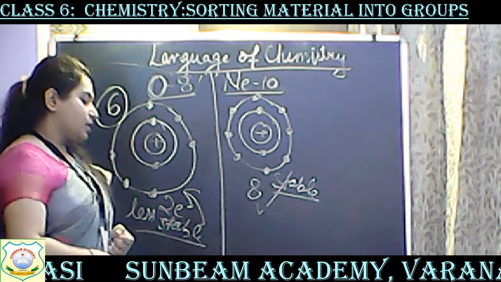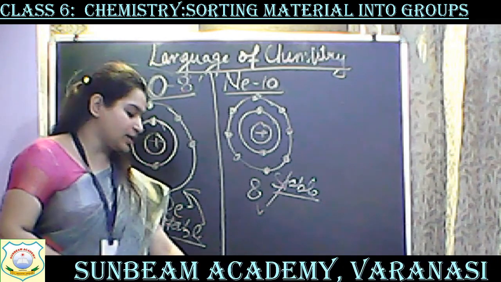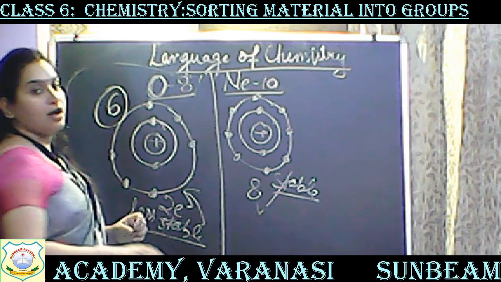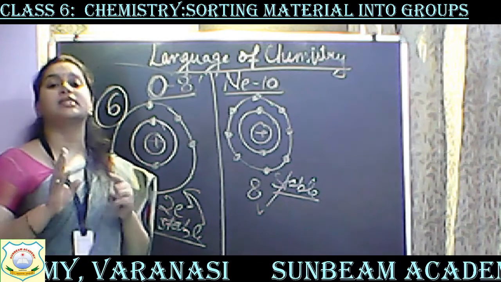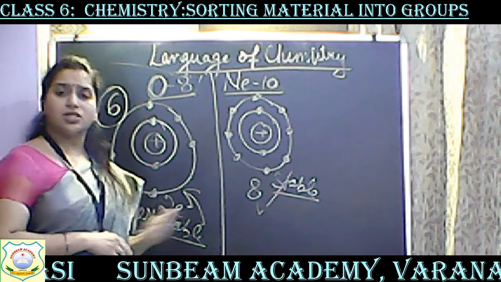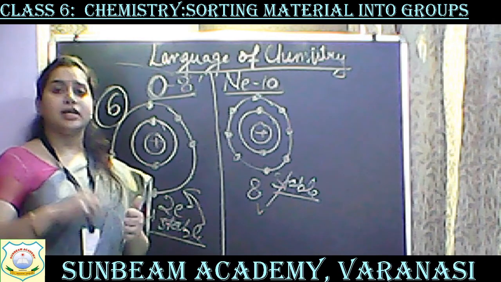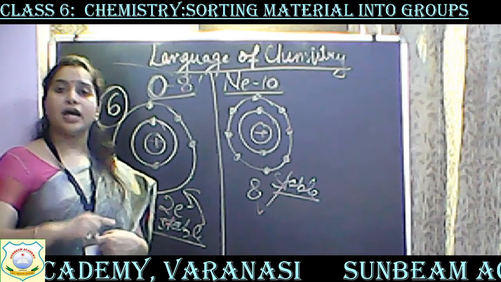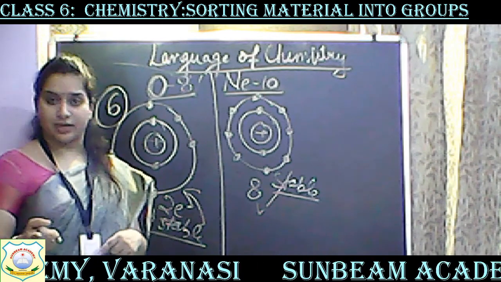Fine. Now, the next very important thing is the elements that are not stable, like oxygen. So what can this oxygen do? It can take electrons into the outermost shell or give electrons away, isn't it?